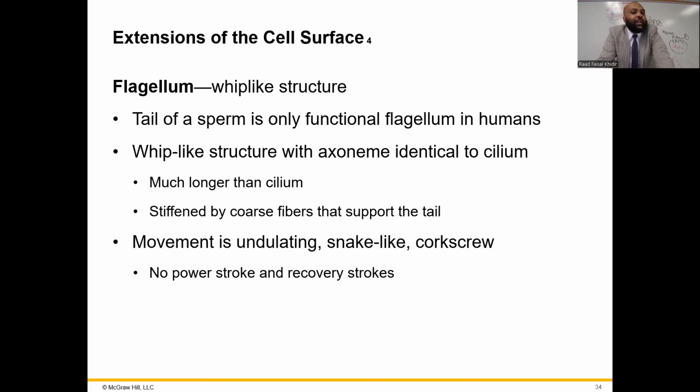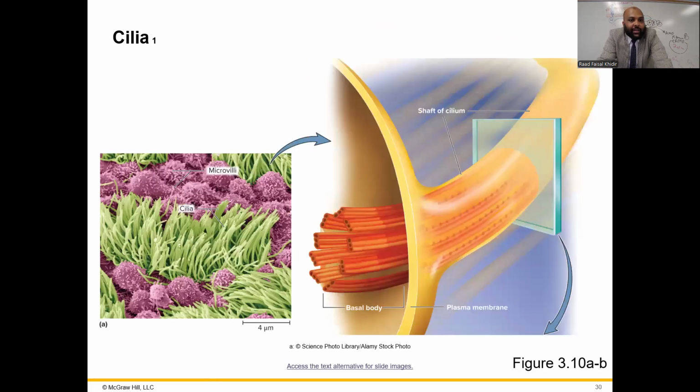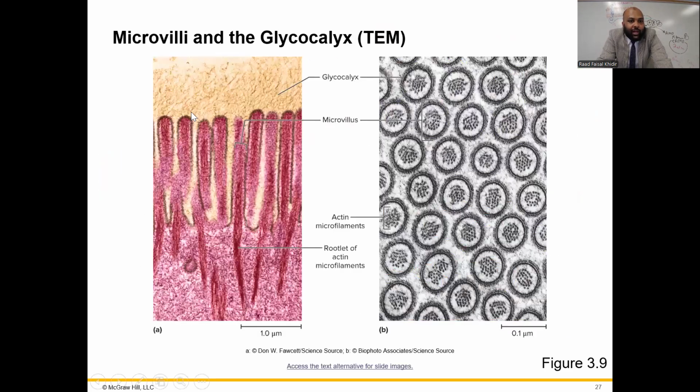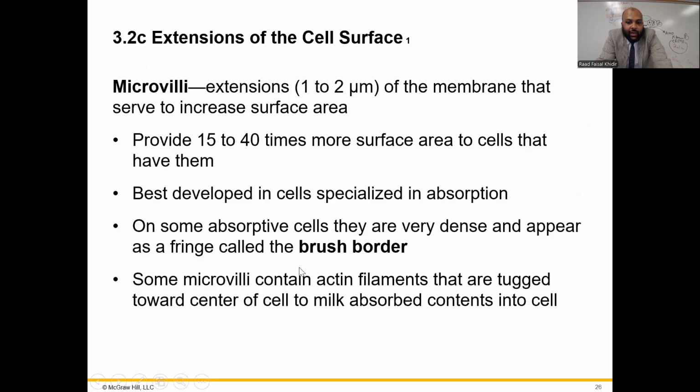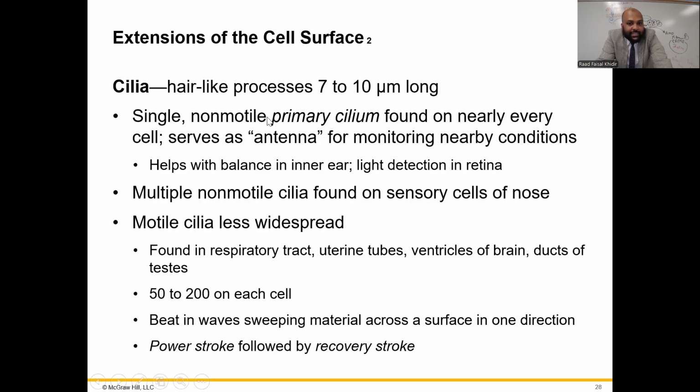No. Microvilli, can you see the slides? Microvilli contain actin filaments. These actin filaments are the ones that make up the microvilli. You see actin microfilaments. But what do the cilia have? They have microtubules.